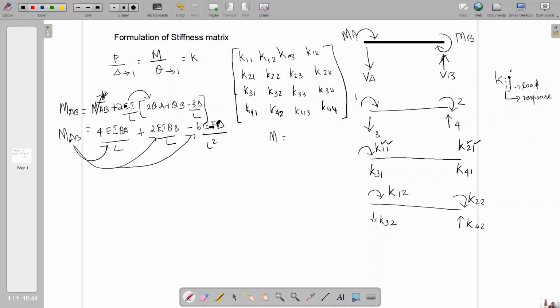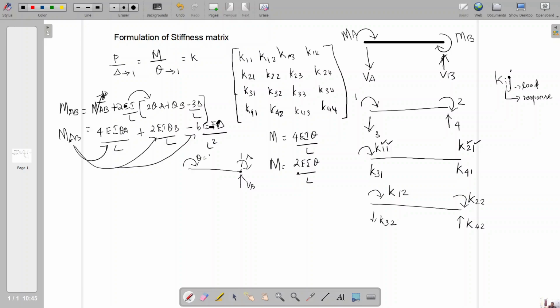We can write individually M equal to 4EI theta by L and another moment equal to 2EI theta by L. If you consider the left side moment and apply a unit rotation, the moment created at point A will be 4EI by L. At the same time, half of the moment will be carried over to point B, so it is 2EI theta by L. And due to the support sinking, due to some settlement, you can correlate the reaction in the upward direction with the support settlement.